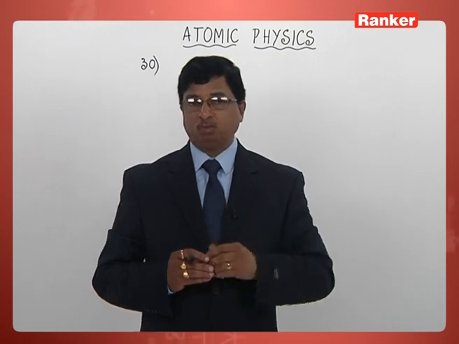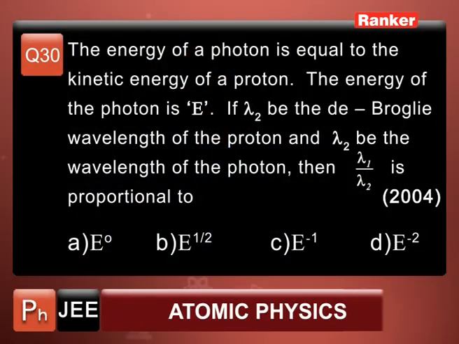So if you look at that, the energy of a photon is equal to the kinetic energy of a proton. The energy of the photon is E. He gave that value.